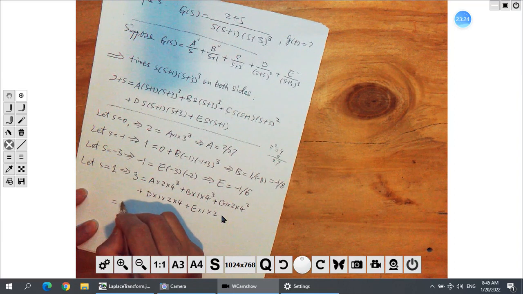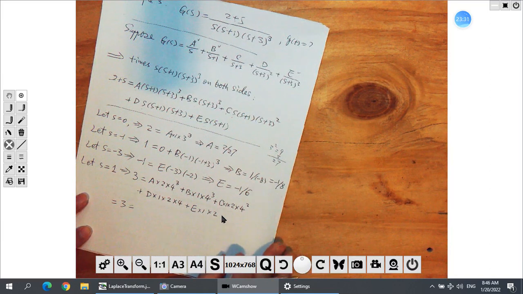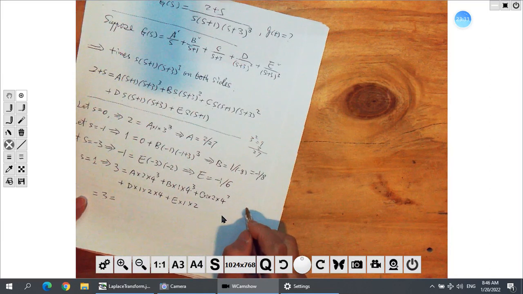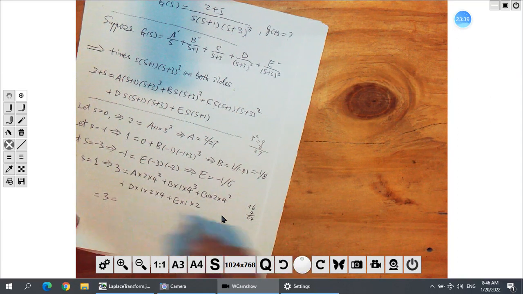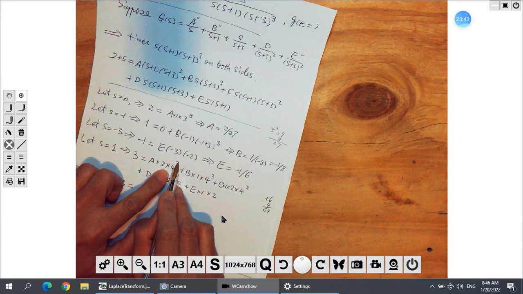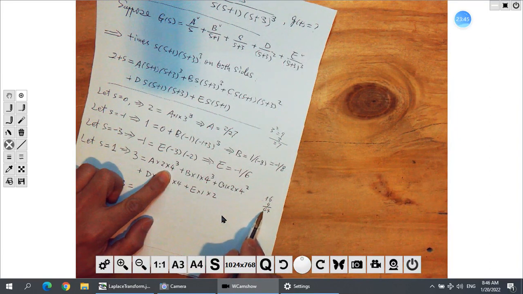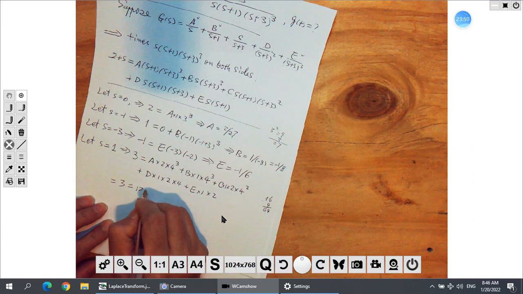3 equal to, okay, 4 to the cube. What's that? 4 squared is 16 times another 4, 64, right? 4 cubed is 64. Times 2 is 128 times a.